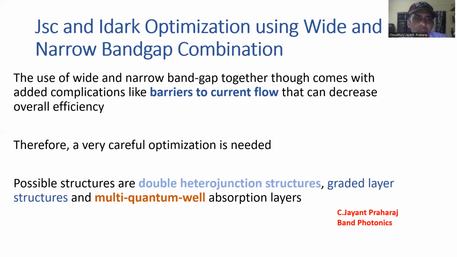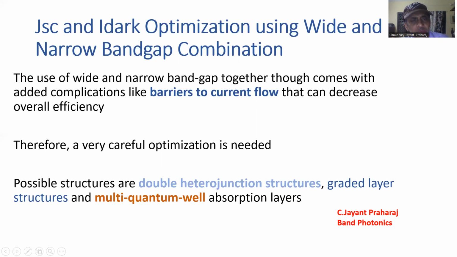So we need careful optimization of things like band discontinuities or grading of band discontinuities, or grading of the valence band and conduction band profiles, in order to get the best power response from these illuminated solar cells.